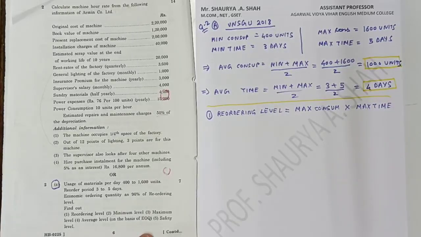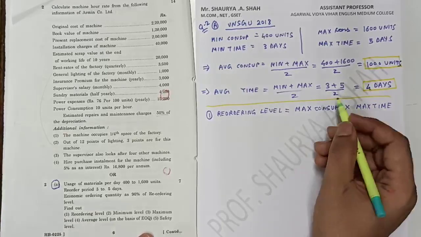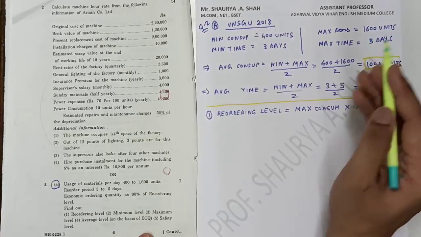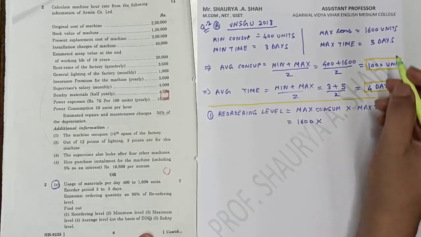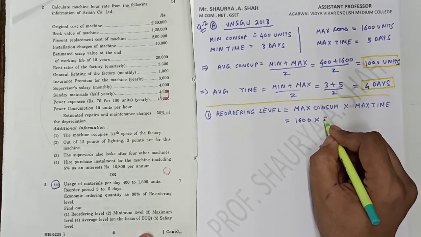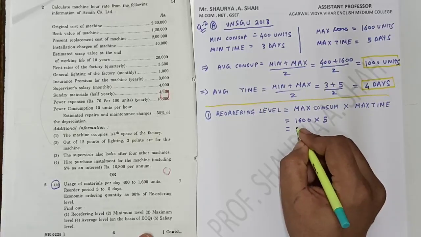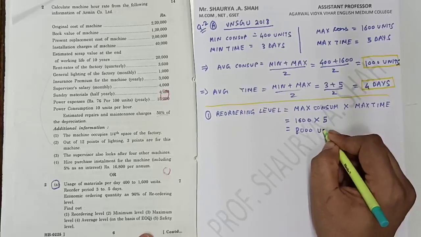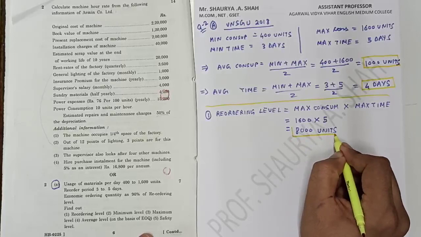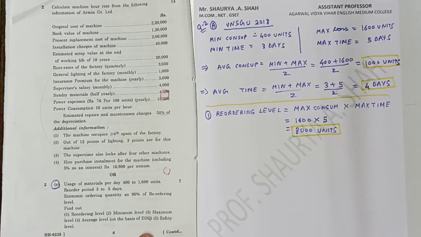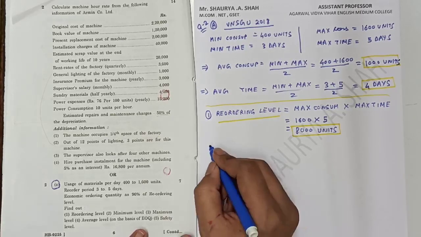What is maximum consumption? I can find out is 1600 units. So 1600 into maximum time is 5 days. Gives me the answer of 8000 units, right? You need to be very much clear with the formulas, then you can easily solve the sum, right? What is reordering level? Reordering level is max, that is maximum consumption into maximum time. Is it clear, everyone?